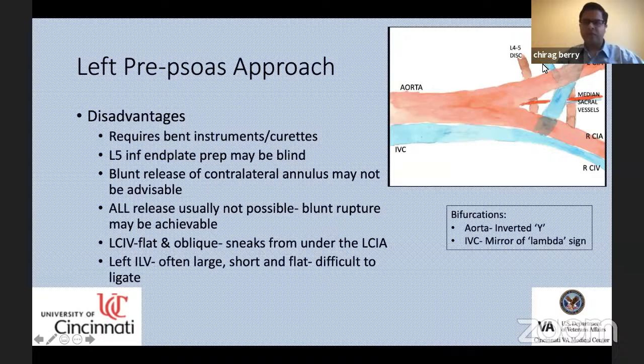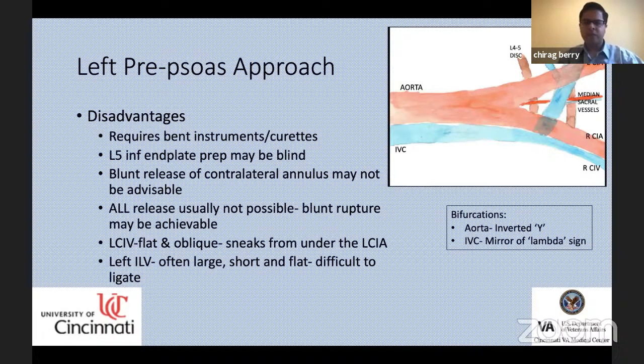Lastly, you often have to ligate the left iliolumbar vein. And most importantly, the left common iliac vein can be flat and oblique, and sometimes it just appears and sneaks out from underneath the artery. You really have to look at it and recognize it by the color. It has a dark bluish hue to it.